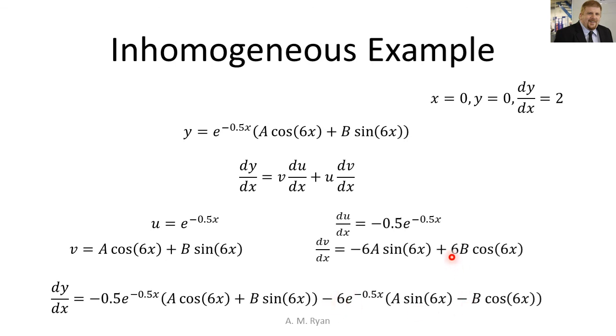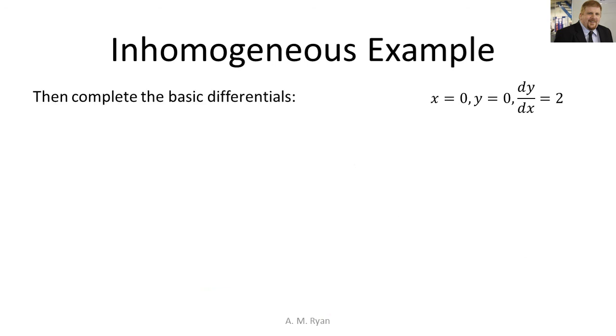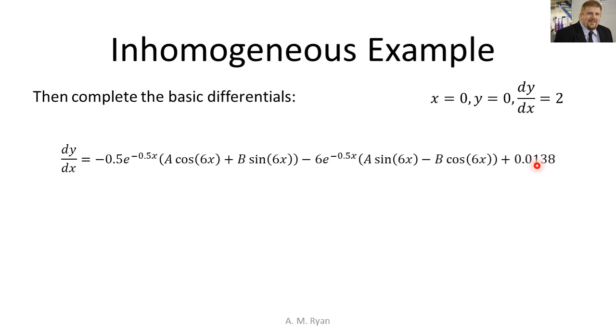Because I've taken minus 6 out here, this has to become minus here to keep the plus. So I've got v du dx plus u dv dx. What I then need to do is add in the final basic differential of 0.0138, which I've got here.